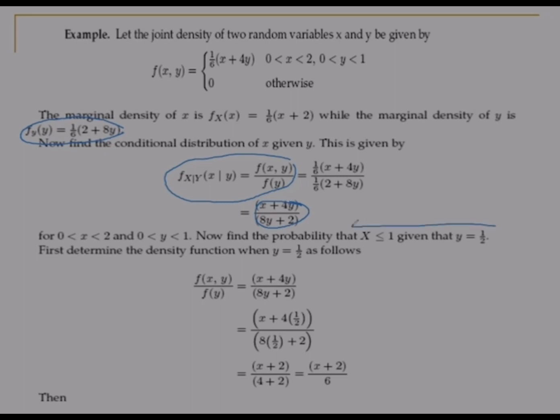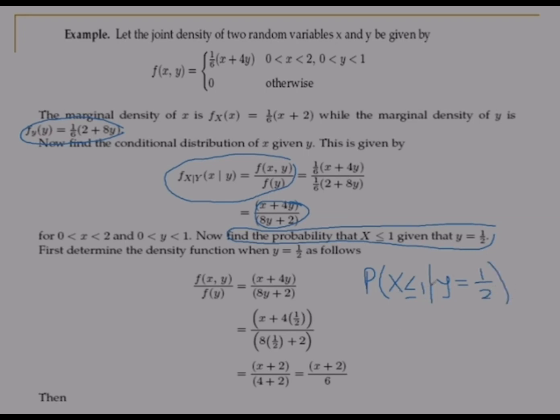Take a look at this guy now. This guy is actually asking you to find the probability of x less or equal to 1, given that y equal to half. So if I want to interpret this, this is what you want to find: the probability of x less or equal to 1, given that y equal to 1 over 2.